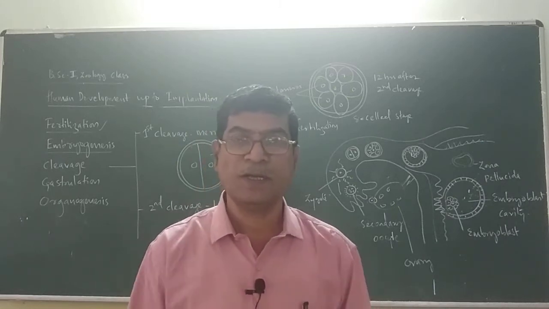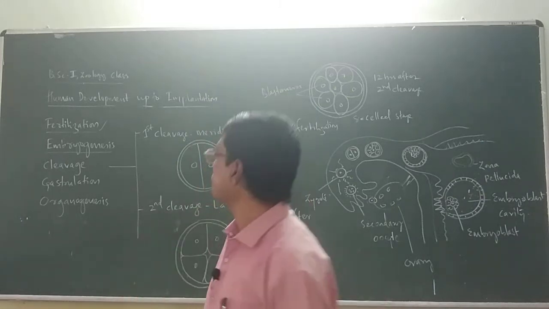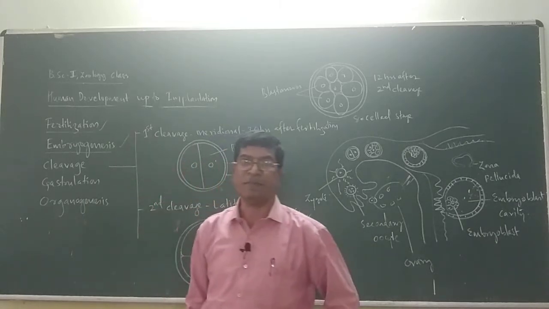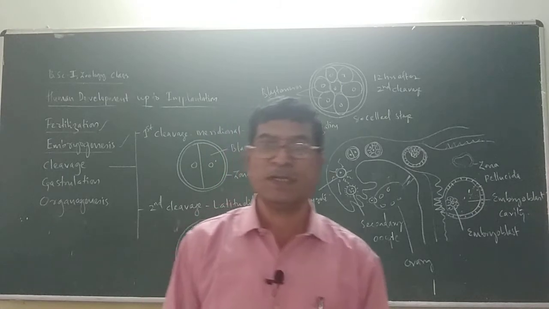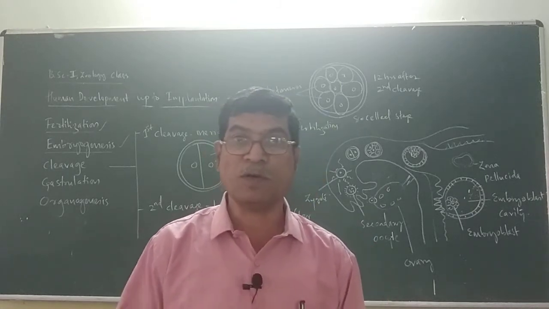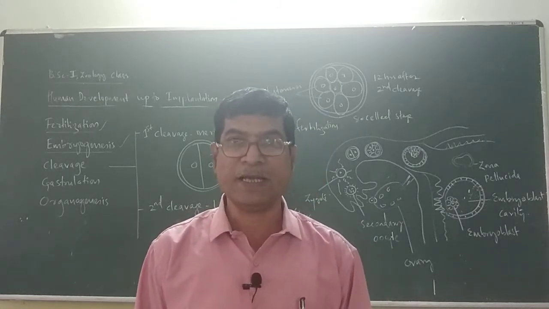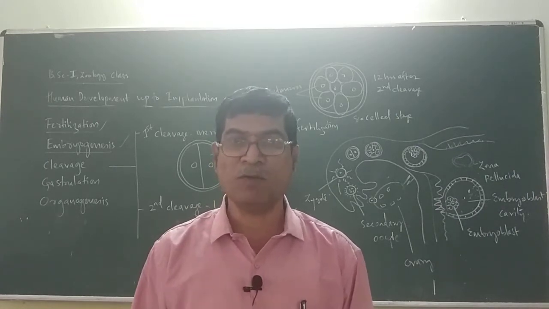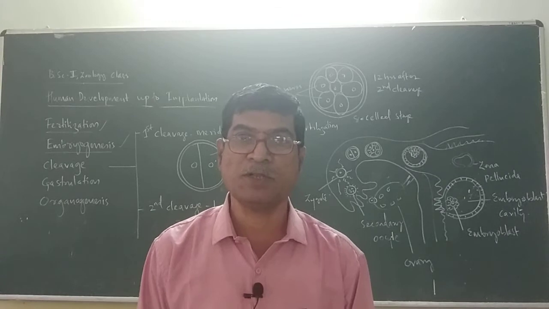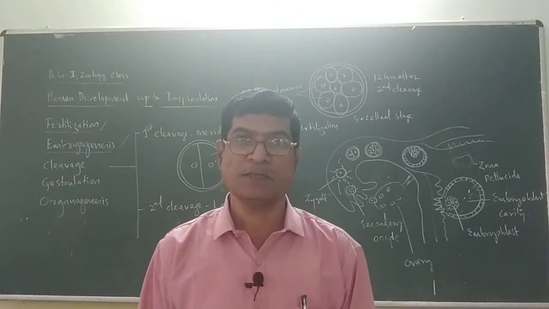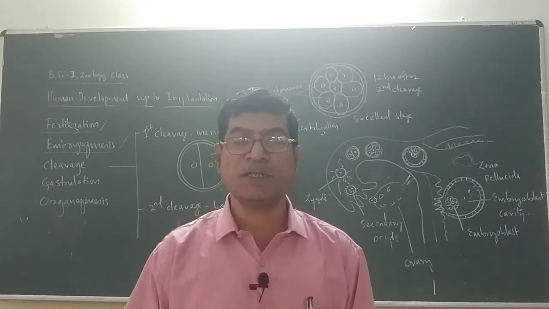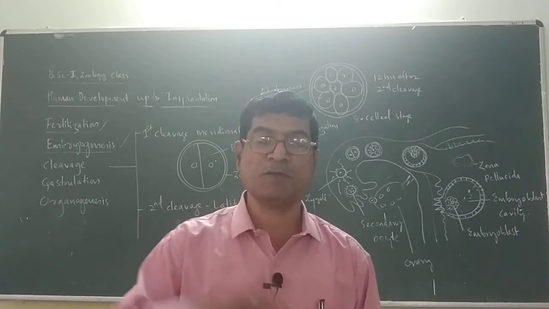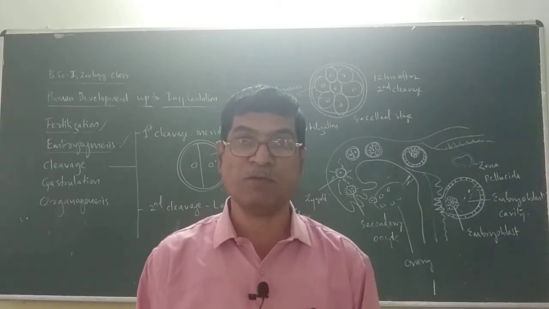This undergoes cleavage. After fertilization, embryogenesis starts. What is embryogenesis? Development of the embryo from the fertilized egg up to the formation of the young one. Right? During embryogenesis, several changes occur that lead to the formation of the young one.